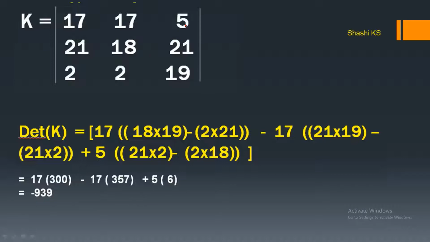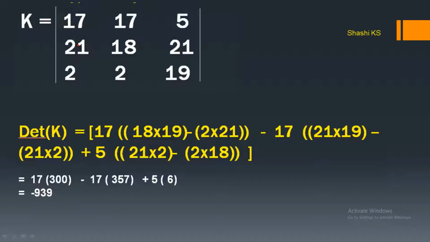In the same way, take the last element of the first row. So you have 5. Delete the corresponding row and column of this element. The corresponding row of this element is this row and the corresponding column of the element 5 is this column. After eliminating this particular row and column, the corresponding minor for the element 5 is 21, 18, 2 and 2.